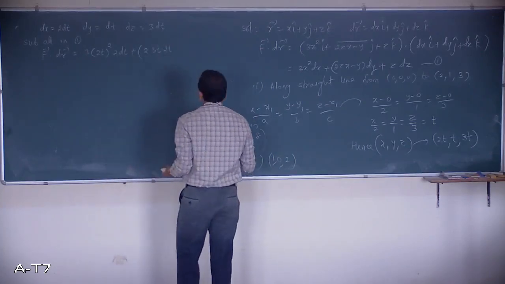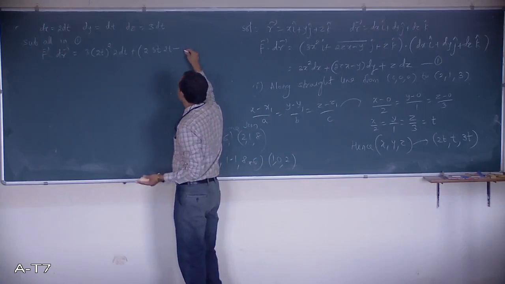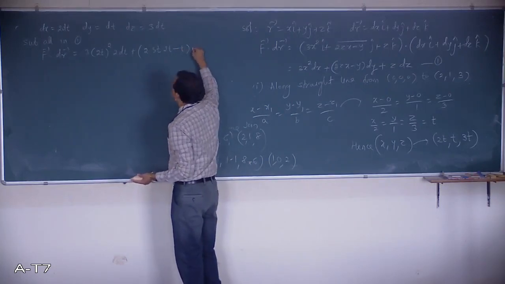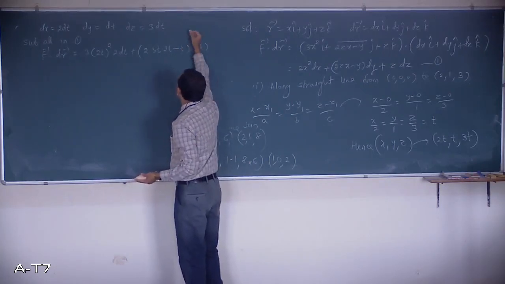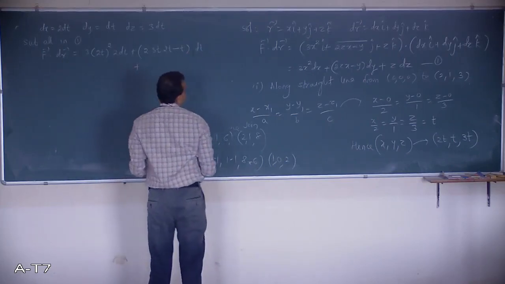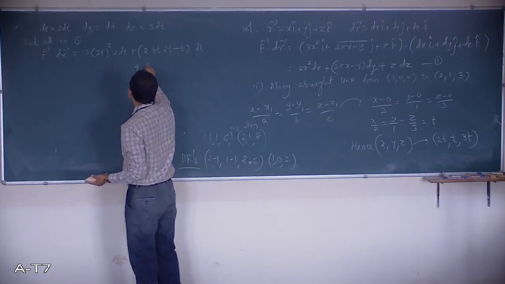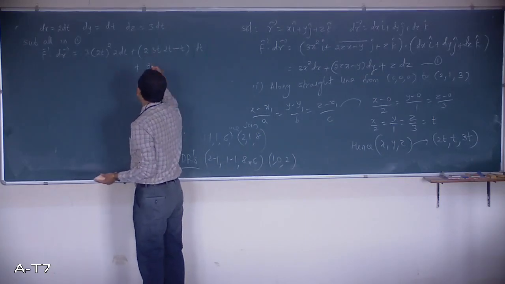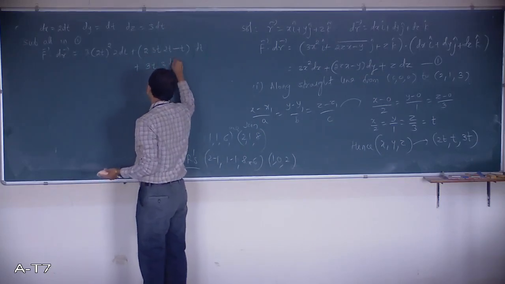What is y? y is t. What is dy? dt. Need not write the bracket. It's okay. Finally, it is z dz. What is z? 3t. And what is dz? 3 dt.